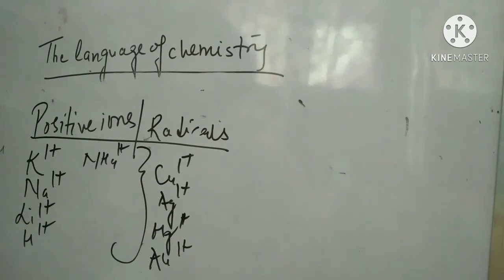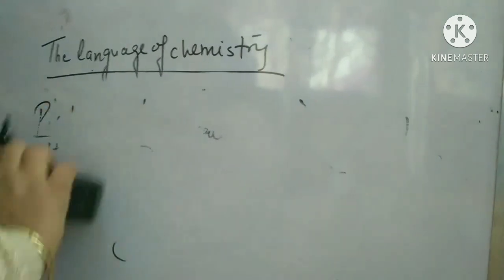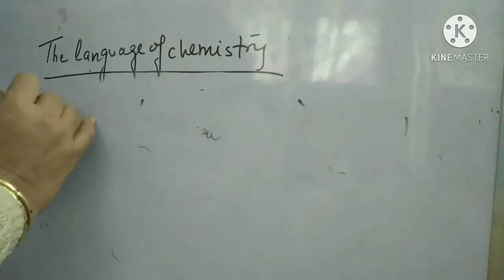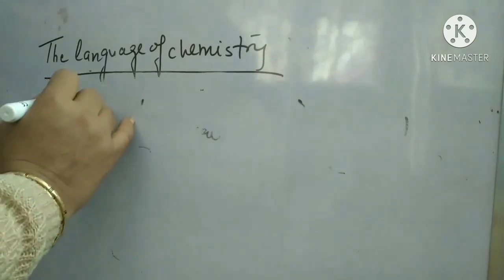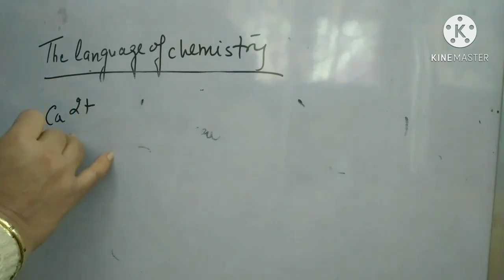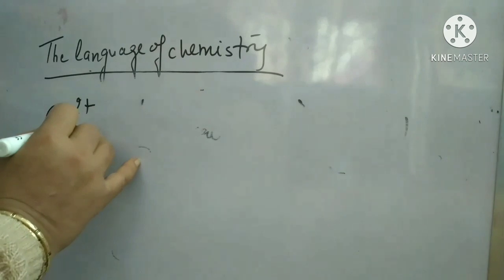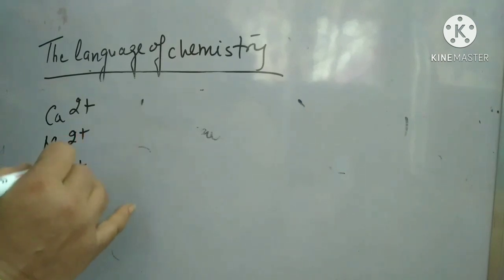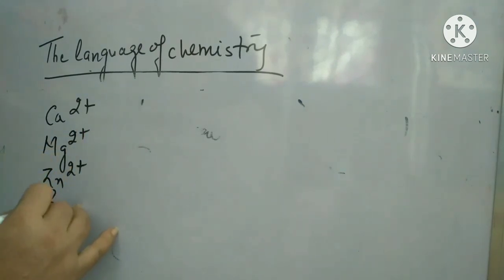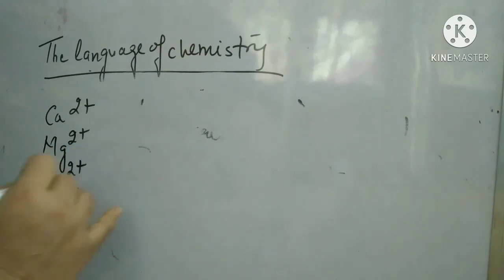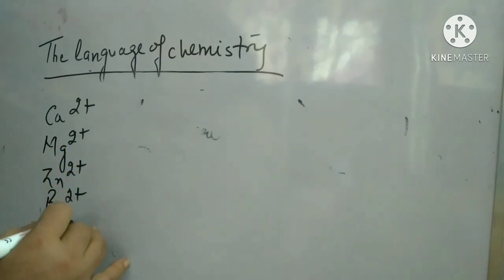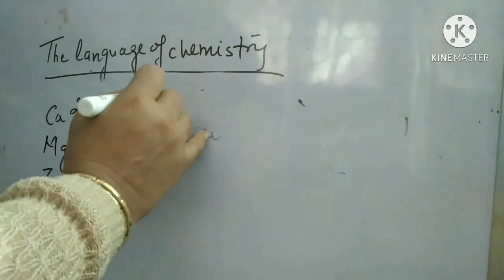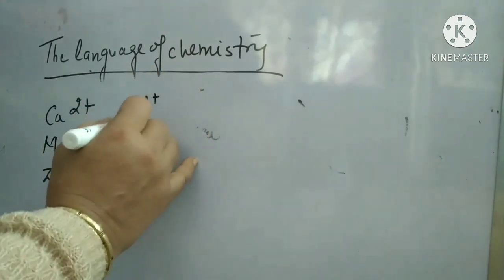Now coming to divalent elements. Divalent elements, example we can take of calcium, that is Ca2 plus, magnesium Mg2 plus, zinc Zn2 plus, barium Ba2 plus, nickel Ni2 plus, cobalt Co2 plus, uranium U2 plus.